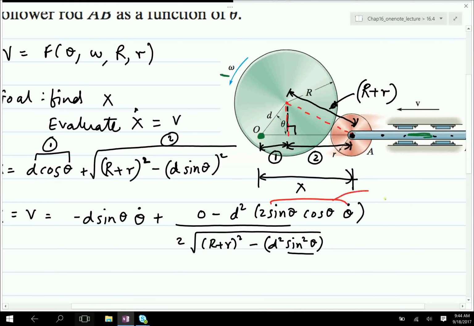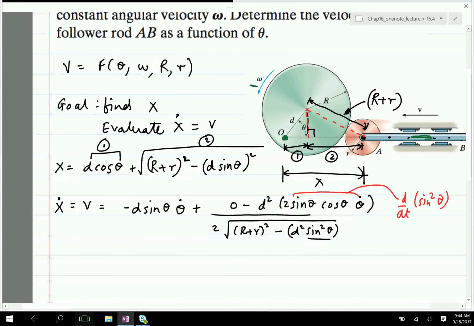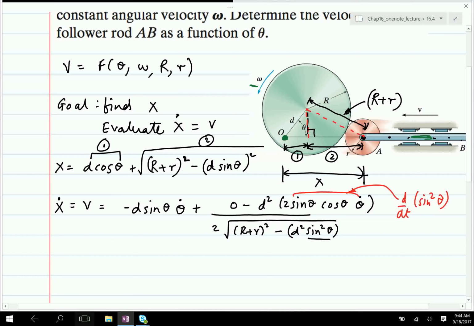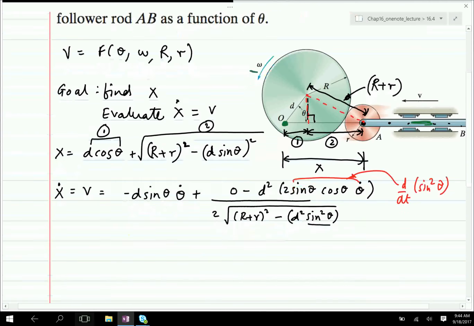This is d dt of sine square theta. Okay, so all I need to do is simplify this.